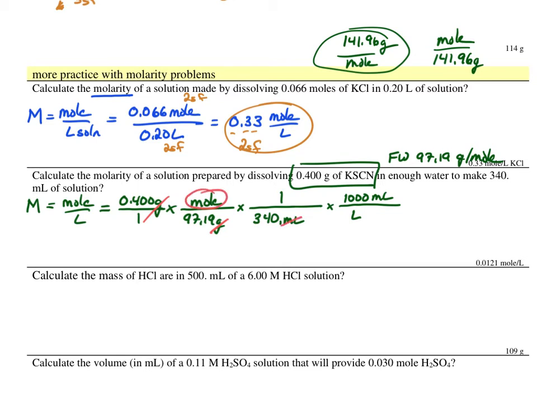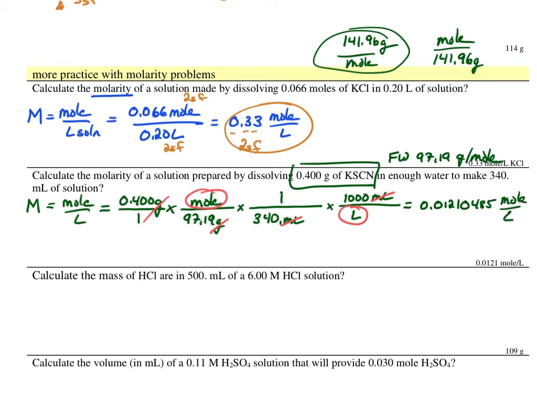We have milliliters canceling out with milliliters. And so our units that survive are moles per liter. That looks promising. So we do the math that's indicated. Everything on top is multiplication. Everything in the denominators indicates division. And we would end up with 0.012100485 moles per liter.